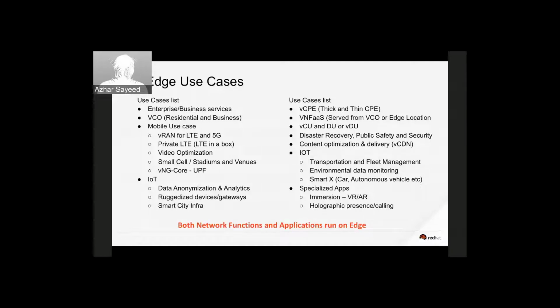I have a couple of slides later on to explain a little bit on that. Then there are other interesting areas such as video optimization that needs to happen locally in that edge compute location. Then you have specialized deployment models such as stadiums or venues or big public venues.